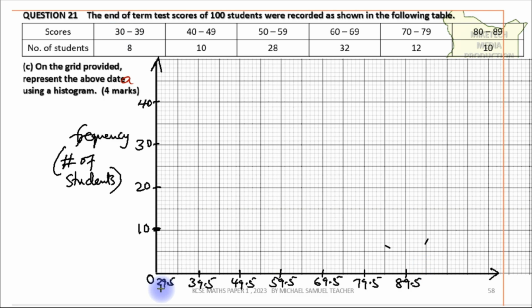Remember the reason why in the first part we have 29.5: you can see here we have 30, so the previous upper class boundary was 29.5, and that's why we have it here. So this is the upper class boundary. That's so important.